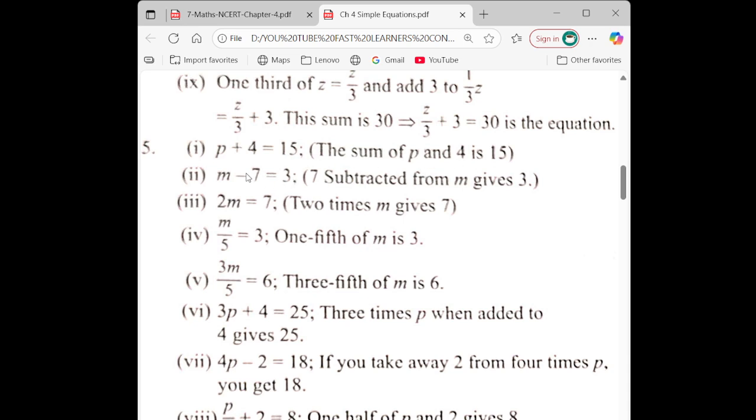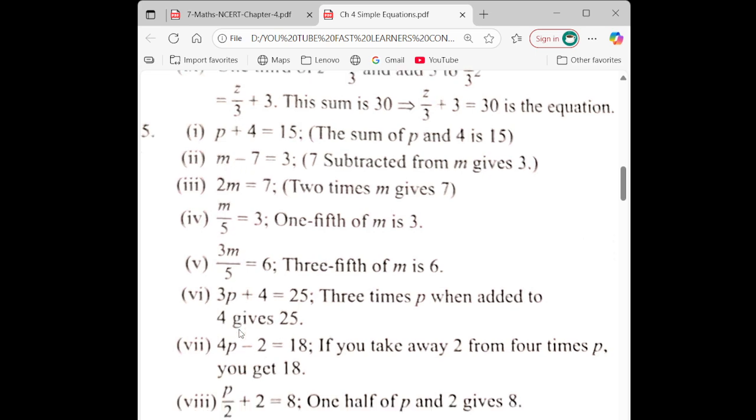The answers I have given you, you can copy that and think about it. It's so easy. If it is m divided by 5, you have to write one-fifth of m. Here 2 times m, this is m minus 7. So you write, take away 7 from m or 7 subtracted from m.